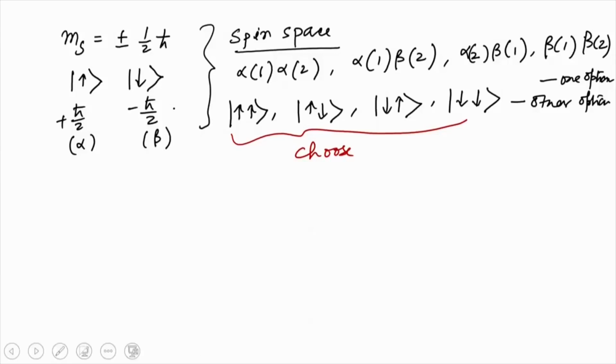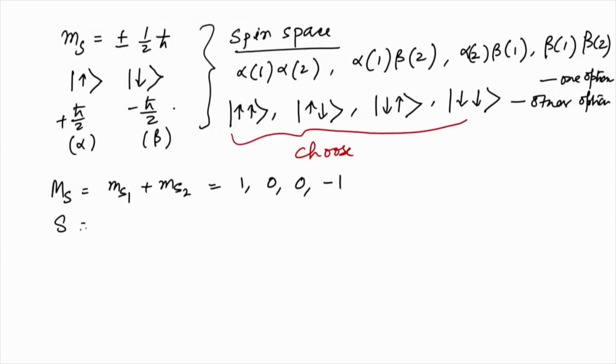So, what is the total value of MS, which is MS1 plus MS2? It can take values 1, 0, 0, minus 1: 1 when they both add up, half plus half; 0 for half minus half; 0 for minus half plus half; and minus 1 for minus half minus half. And the total spin quantum number S, which is S1 plus S2, can take values 0 and 1.